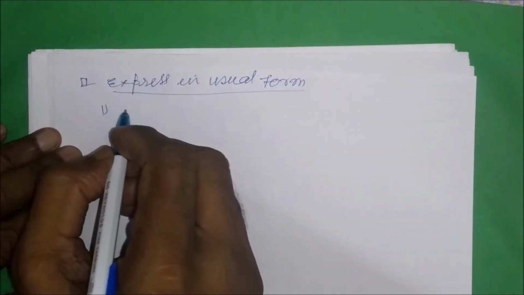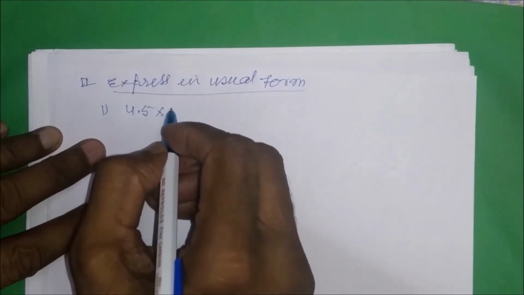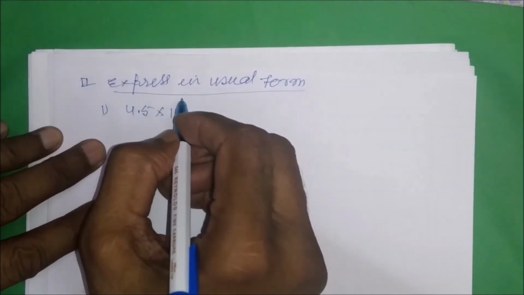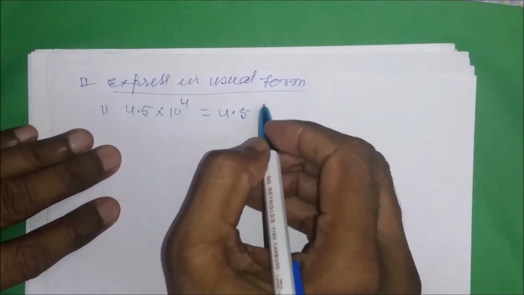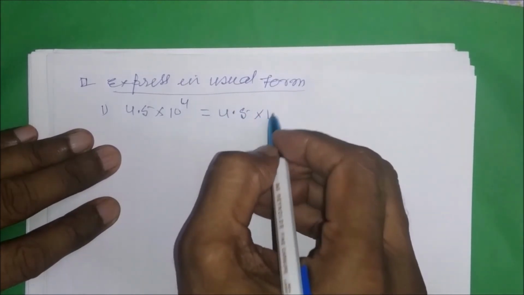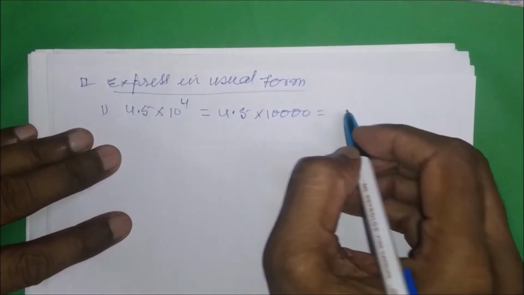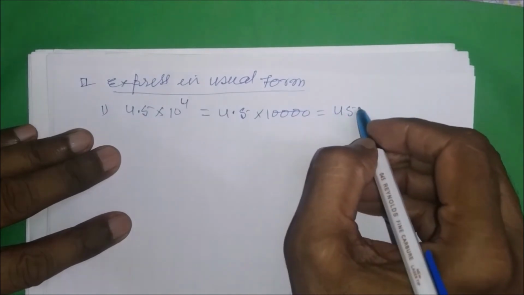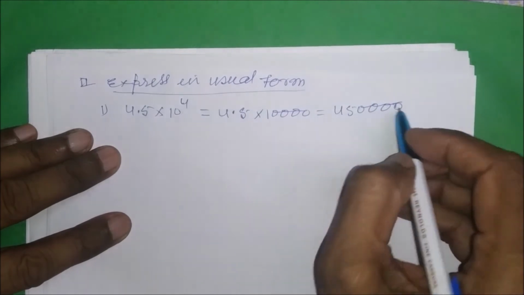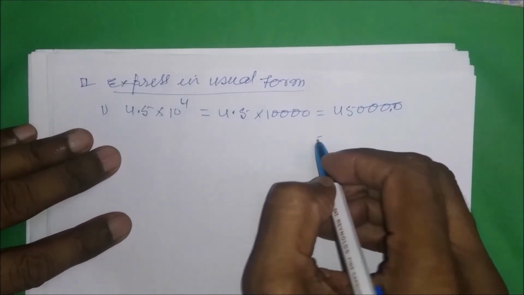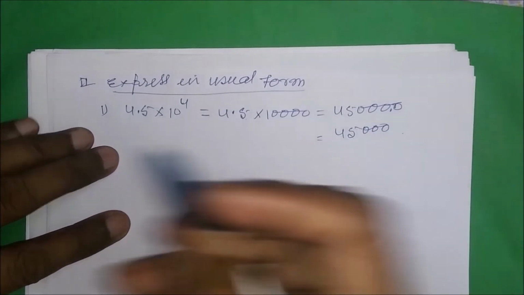Number 1 example I am giving, 4.5 into 10 to the power 4, what can we write? 4.5 into 10 to the power 4 means what? 1 and 4 zeros. Is it very clear for you, all of you? Now it is 4, 5 and again 4 zeros. And here after decimal 1 digit was there, so we will put the decimal here. So it will be 4, 5 and 000.